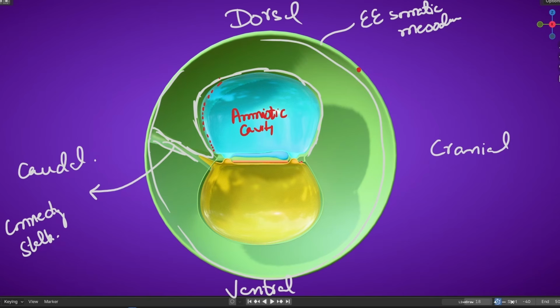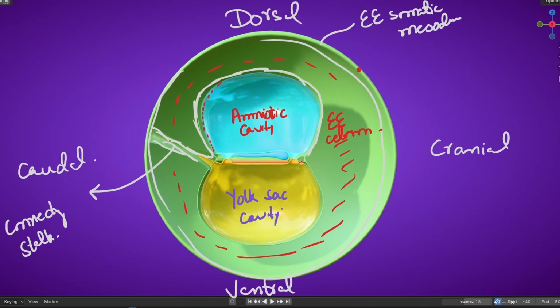In between them, this cavity is the extraembryonic coelom. And then we have this one. What is this structure? This is another cavity, which is called the yolk sac cavity.